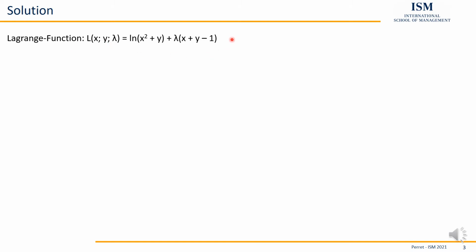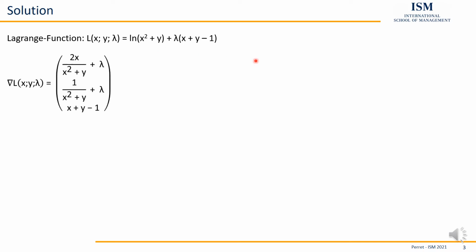And then we basically proceed as we know this from normal extrema. So we simply take this Lagrange function, get the first derivatives, set them equal to 0 and solve this. The first derivatives look as follows. It's always first the derivative of f for x, the derivative of f for y, plus lambda times the derivative of g for x, the derivative of g for y.